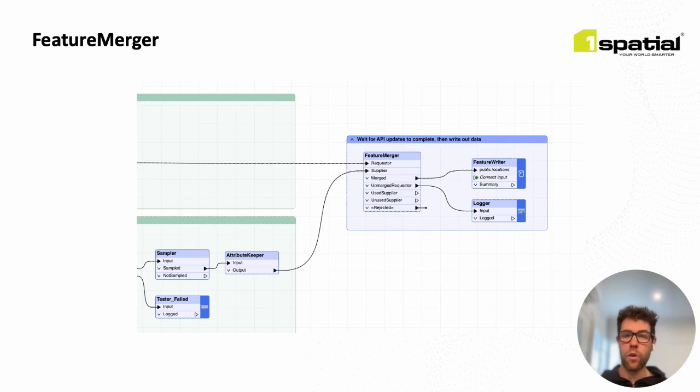And then anything that isn't merged, so in a situation where none of the features pushed to that API have passed, meaning that nothing comes through from the sampler and the attribute keeper to that feature merger, means that we need to go and review our data.